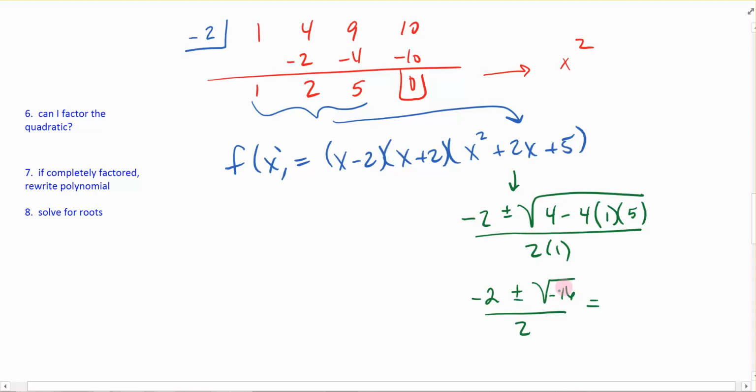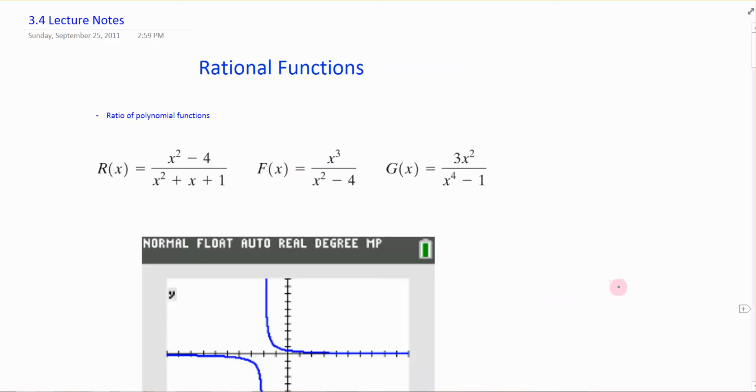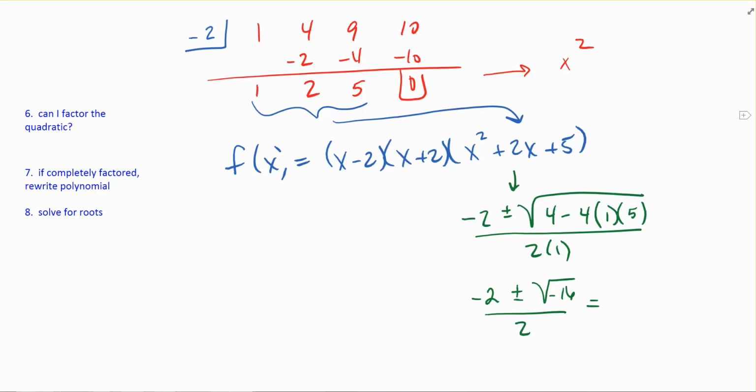So when I simplify this, I can take the square root of 16, but I'm going to get an imaginary number, right? Because the square root of 16 is 4, and the square root of a negative number is i. So this looks like negative 2 plus or minus 4i divided by 2.